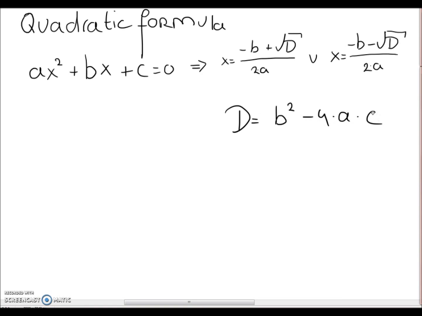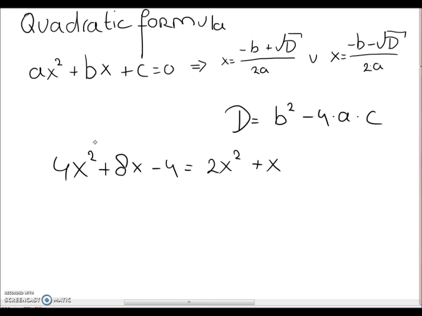So let's see the quadratic formula in use. First of all, let's say we have an equation, and that equation is 4x squared plus 8x minus 4 is equal to 2x squared plus x.